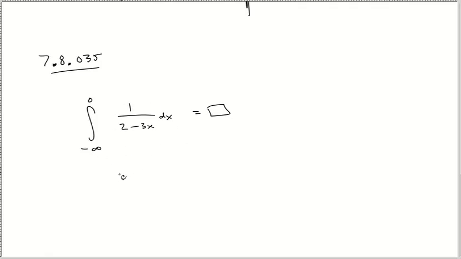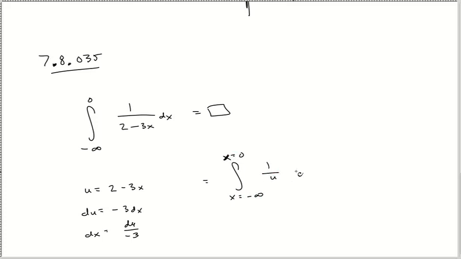This will end up with an ln, but to do the steps slowly, we have u substitution, where u is going to be the bottom. du is negative 3 dx, and dx is now du over negative 3. I'm going to plug in what I got. Remember that this is x equals negative infinity to x equals 0, right? Those are not u's, those are x's. Of 1 over u, and then I have this du over negative 3.